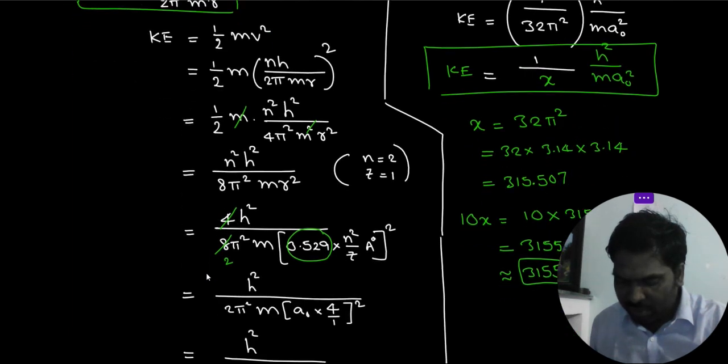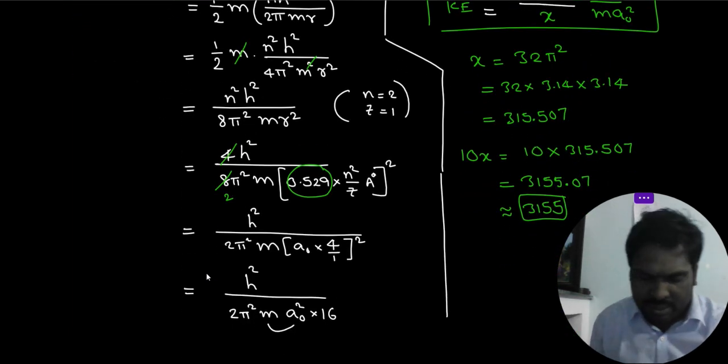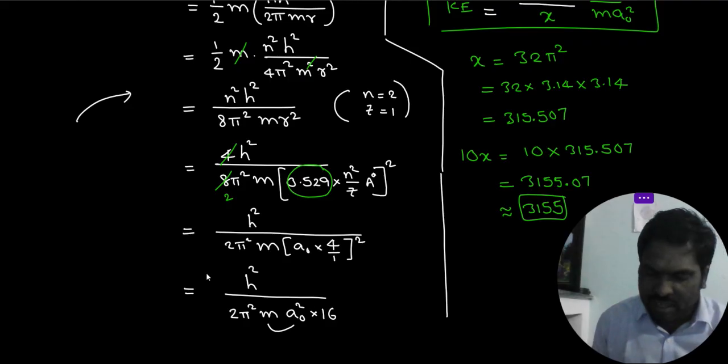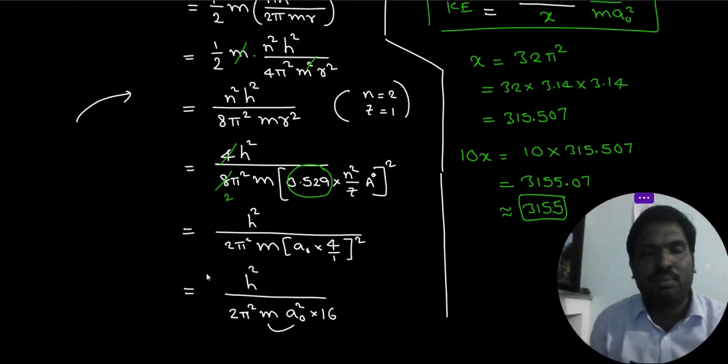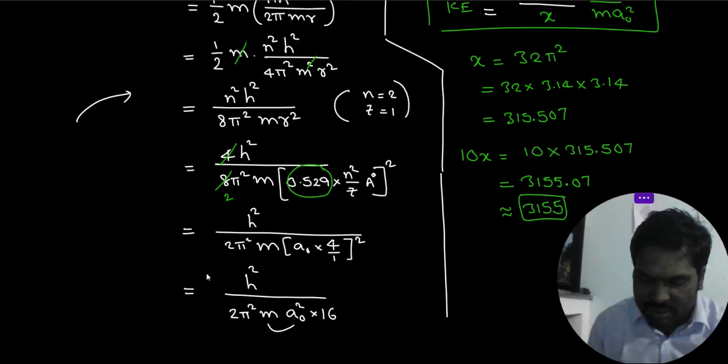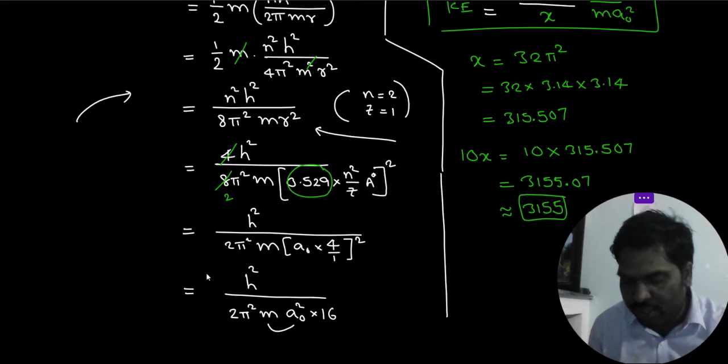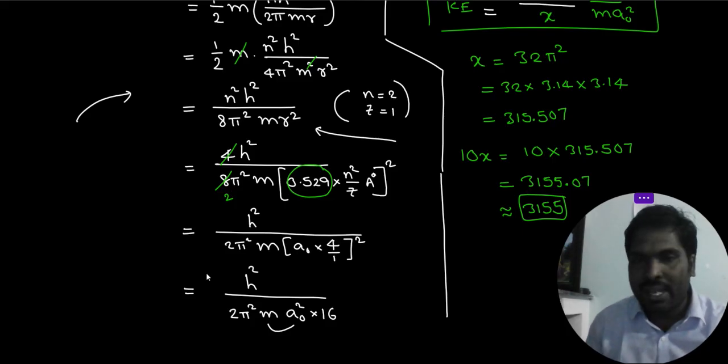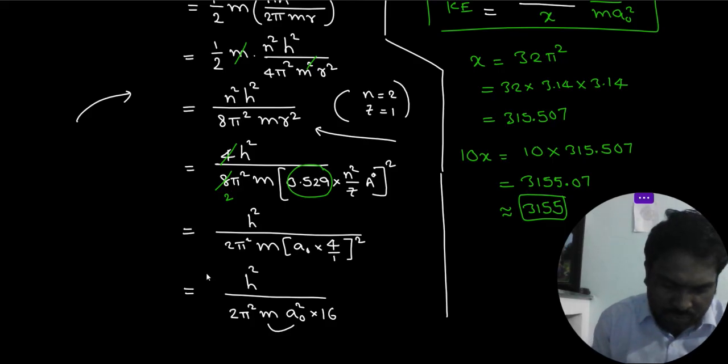Here in the place of n we take 2, because the second energy level of the hydrogen atom is given, and Z is 1. In the place of r we substitute the formula 0.529 n square by Z angstroms. Now you can simplify.